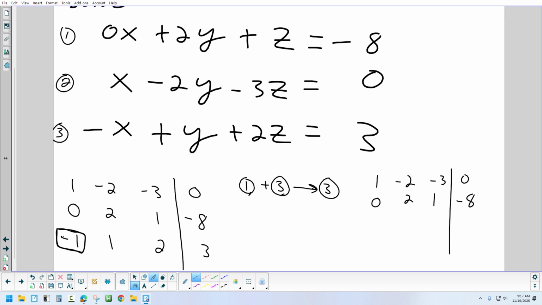Add equation 1 to equation 3 and put that answer where equation 3 was. What do we get if we add 1 plus -1? 0. What do we get if we add -2 and +1? What is it?